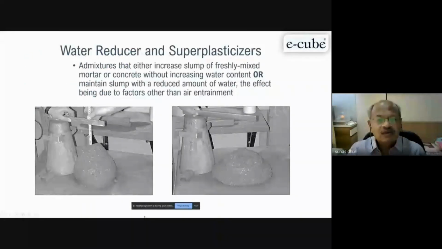Now this is how concrete is effective. See here, without reducing the water content, only using your admixture, I can have more flow. That is the uniqueness of your super plasticizer or water reducer.